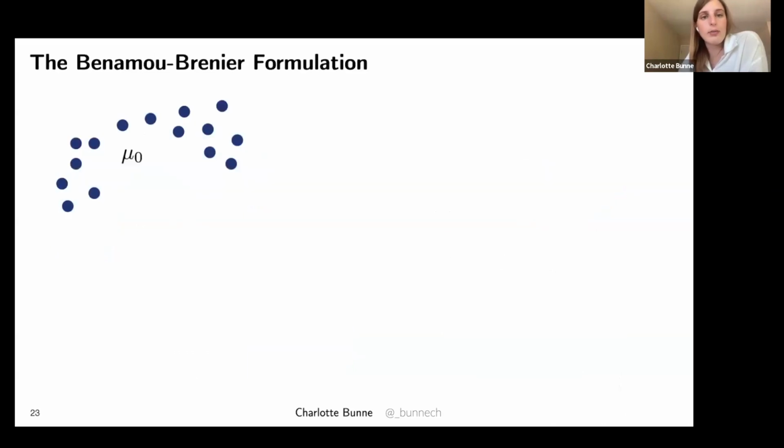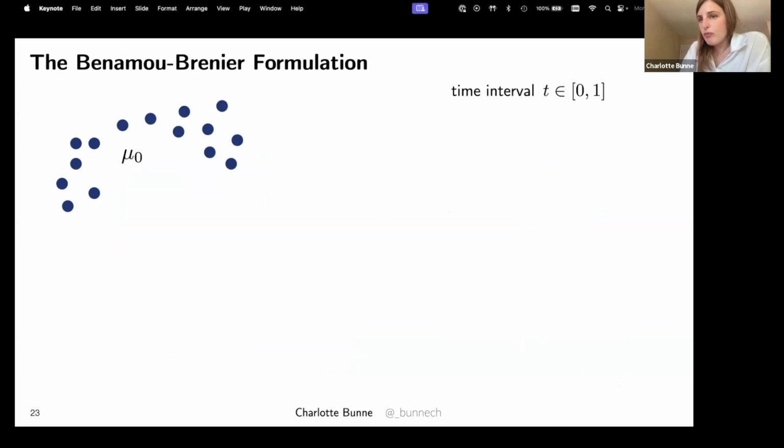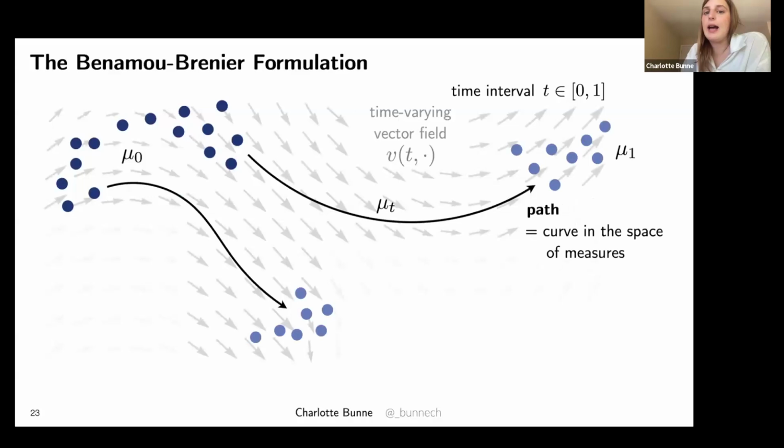So instead, Benamou and Brenier took a different perspective on the problem and said, okay, let me study the continuous evolution of my measure mu in time, parameterized by time between 0 and 1, by finding a time varying vector field that describes the overall evolution of my measure over time, basically finding the path, the curve in the space of measures that describes this underlying dynamical system.